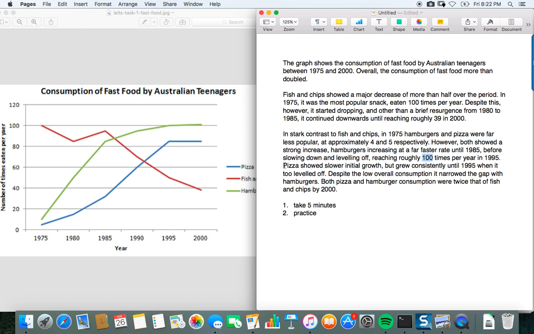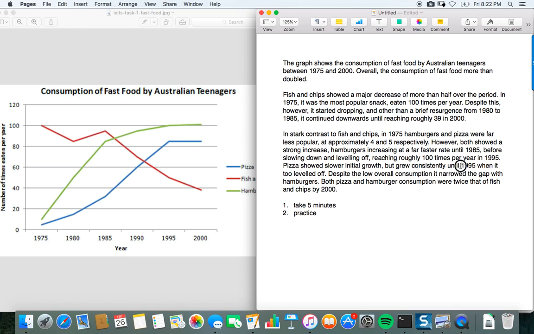Then you say pizza, because you're talking about pizza now, showed a slower initial growth. So again, you're saying slower because you're comparing it to hamburgers, which grew faster. So these two words are really important. That's getting you that cohesiveness. All right, it shows that you're making comparisons and not just describing the data. Super, super important.